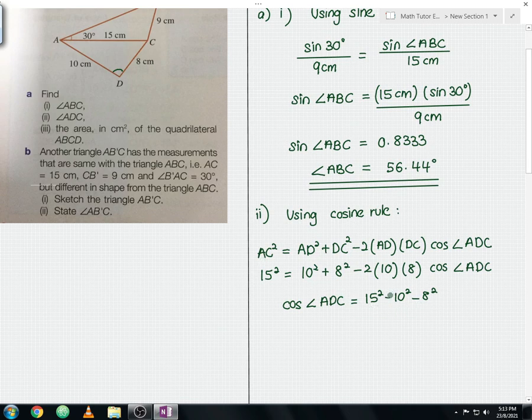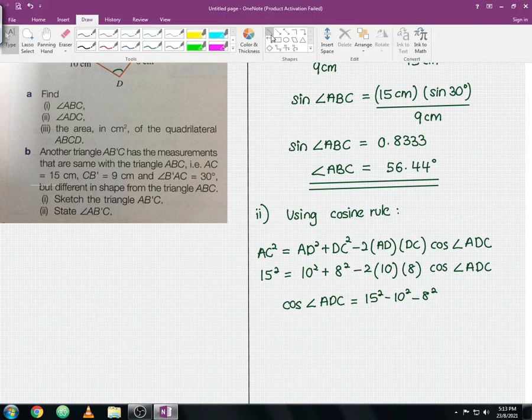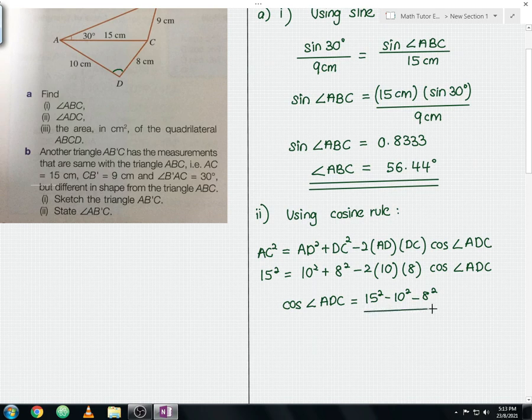Let me underline the fraction over here. And then negative 2 times 10 times 8, this one you have to divide. So divide with negative 2 times 10 times 8. Okay, you perform the calculation.